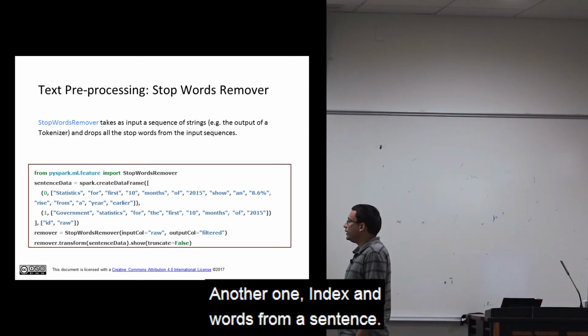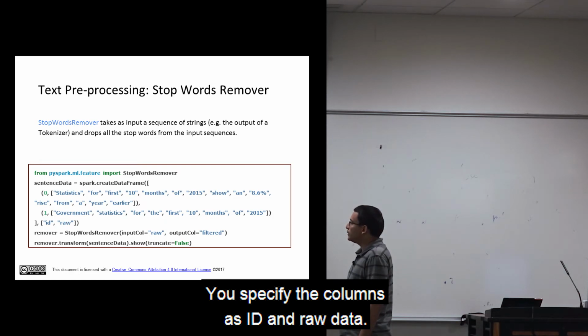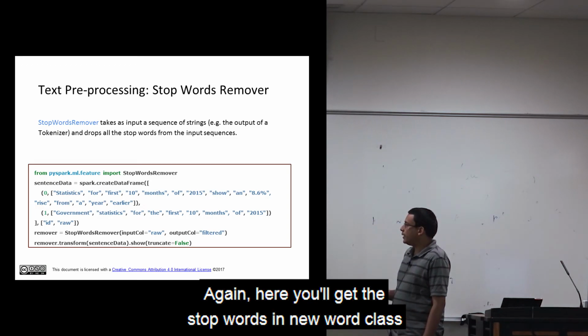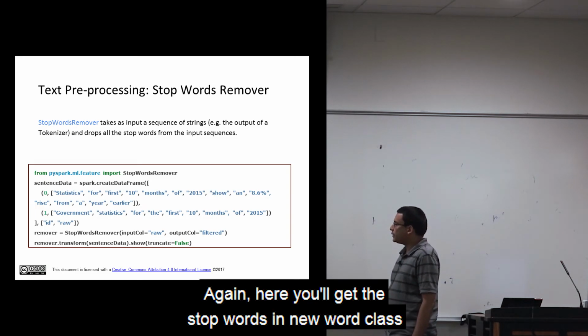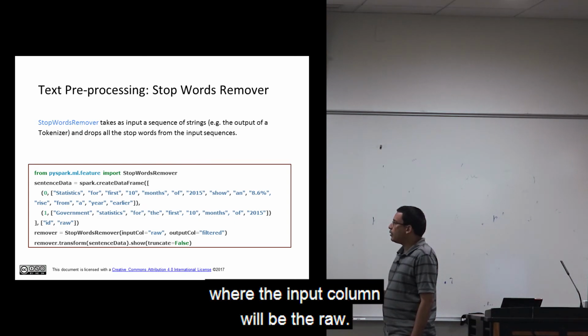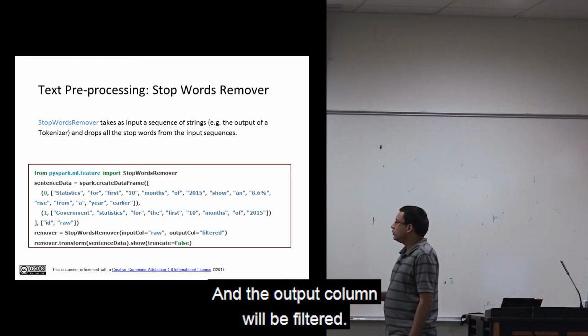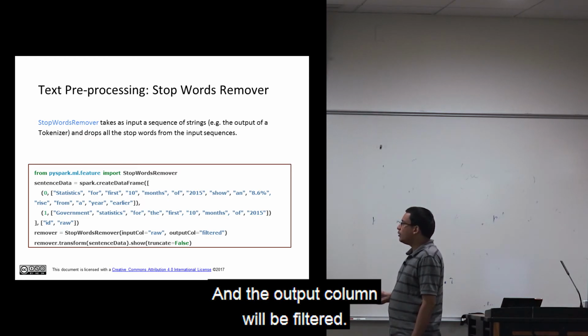Another one, index and words from a sentence. You specify the columns as ID and raw data. Here you will get the StopWordsRemover class, where the input column will be raw, and the output column will be filtered.